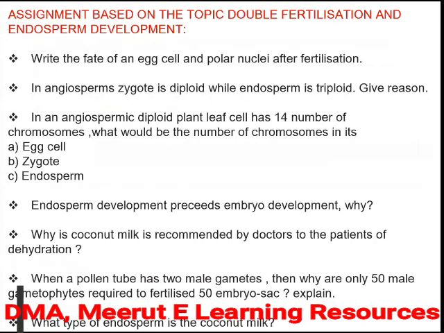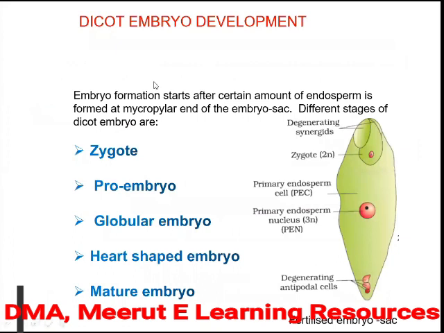Here you can find embryo development in dicot. How does dicot embryo development take place? Before studying the development of embryo in dicots, you must know the structure of a fertilized embryo sac, because in this embryo sac the development of the embryo takes place. This is different from the mature embryo sac.